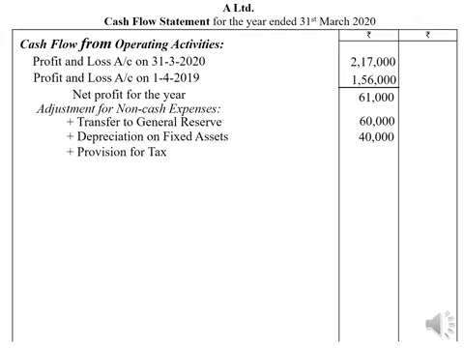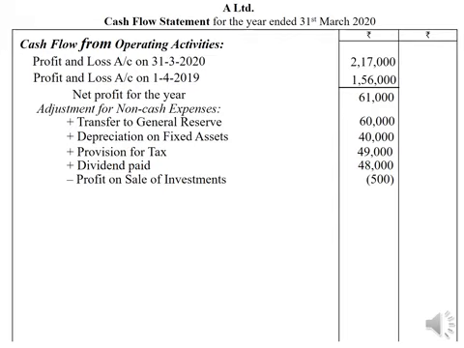Provision for tax is given in the problem itself, 49,000. Then dividend paid is also given in the problem in additional information, 48,000. Next, profit on sale of investments have to be deducted as non-cash incomes, 500 rupees, as well as profit on sale of fixed assets, 8,000.